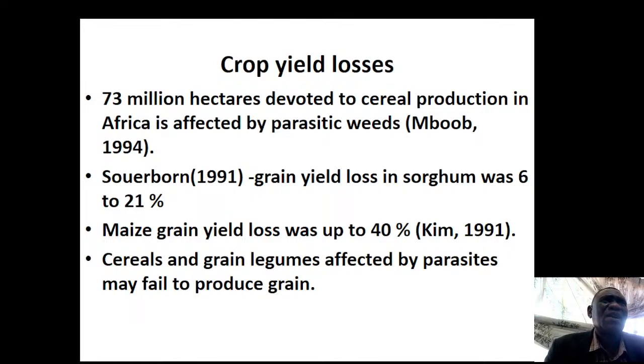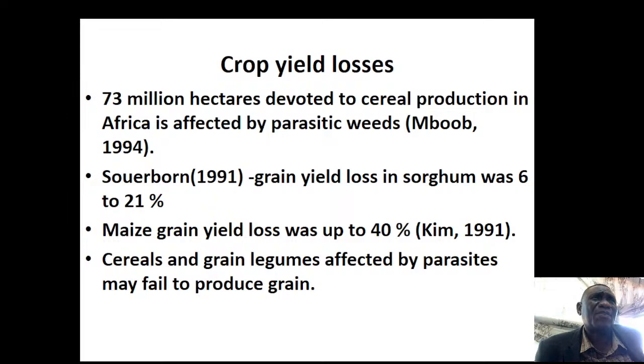Now, in Africa, we have crop yield losses which are associated with parasitic weeds. It was estimated that about 73 million hectares devoted to cereal production in Africa were being affected by parasitic weeds.